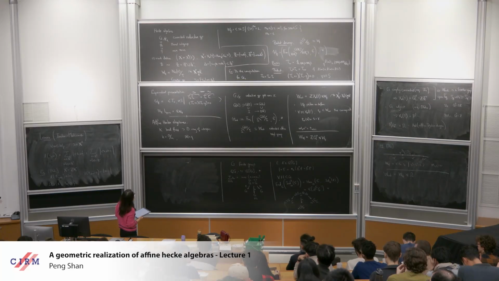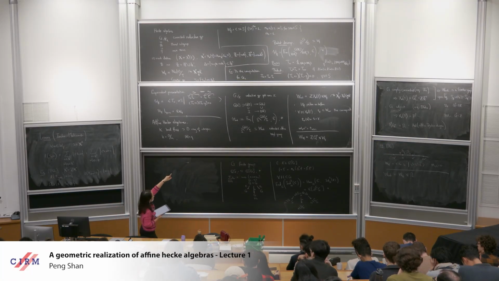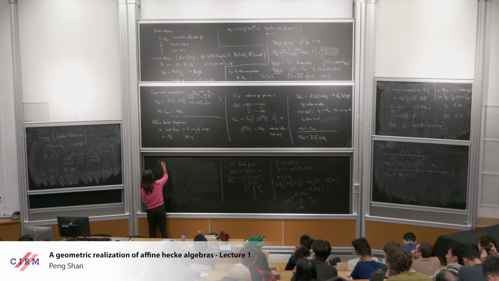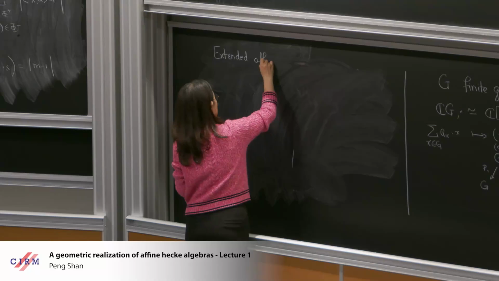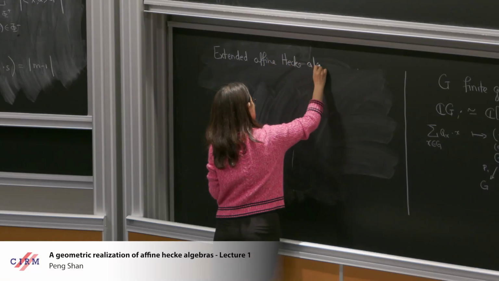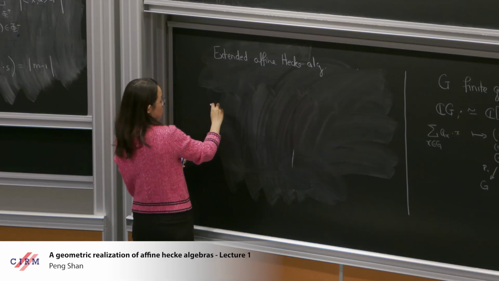Okay. So just as in the finite case, the affine Hecke algebra, or rather this extended affine one, we also have an extended affine Hecke algebra, whose presentation is just as follows.